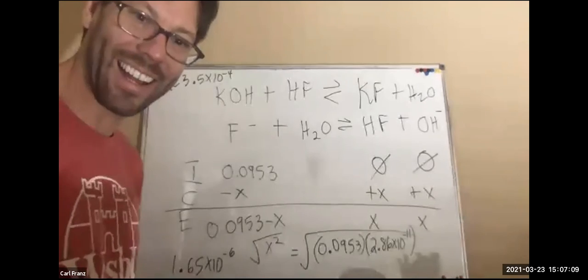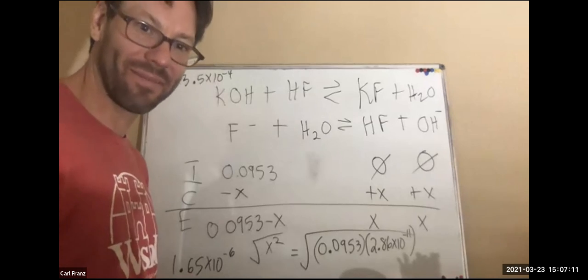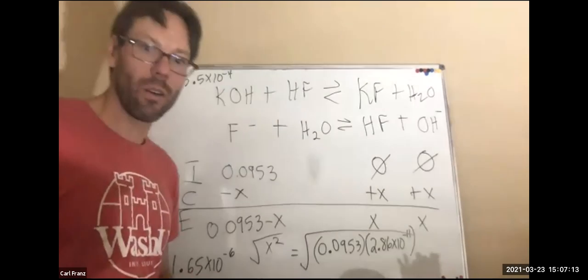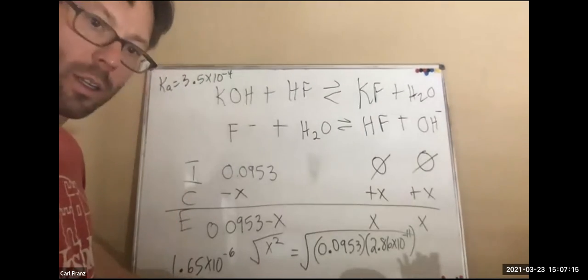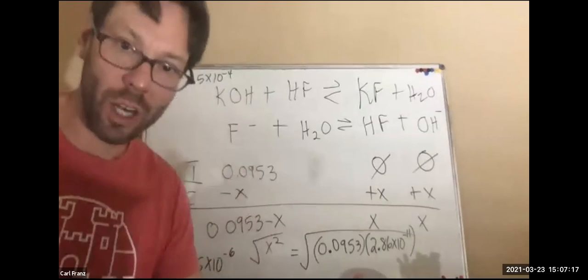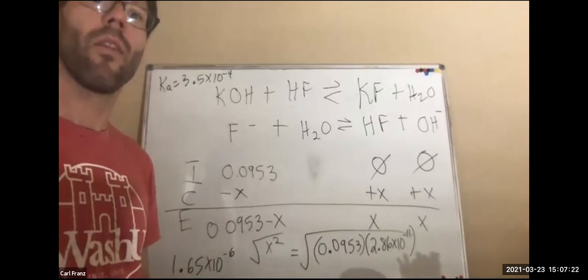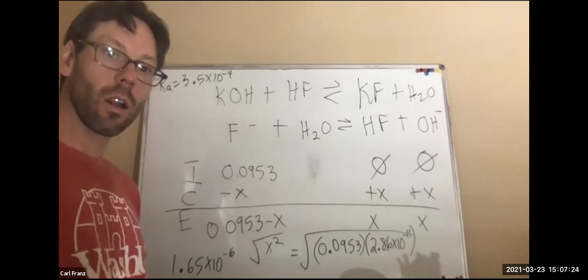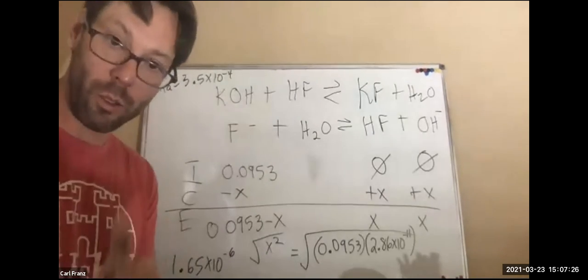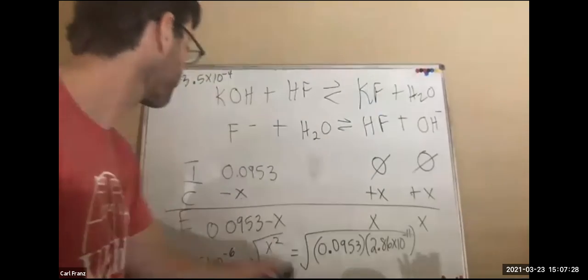I got 1.73 times 10 to the negative third percent. All right, so it's valid, right? So now we can take this number and say that that's the concentration. And because it's Kb, that is going to be used to solve for our pOH.